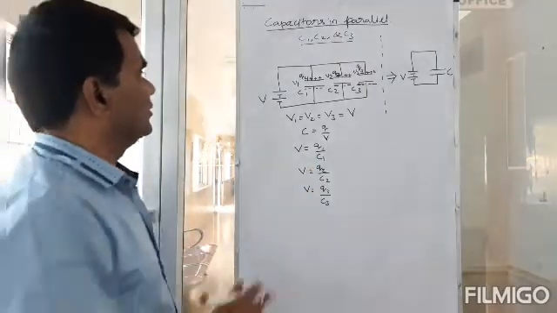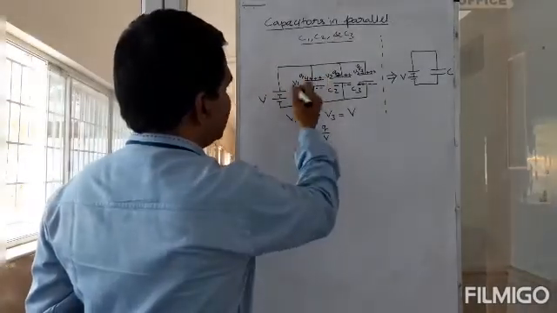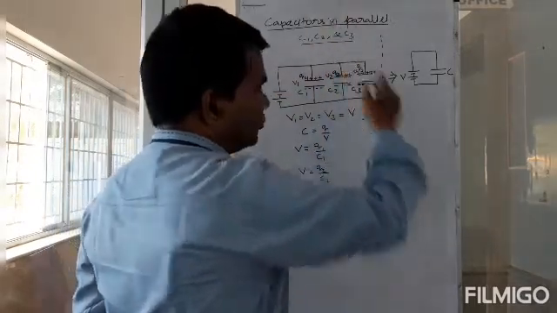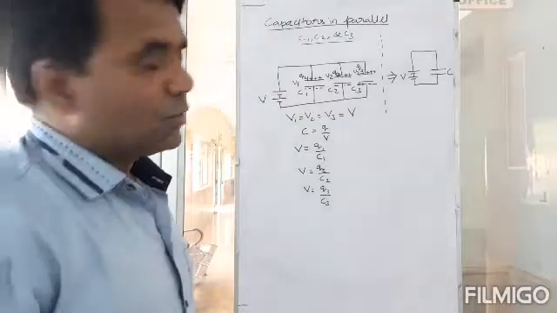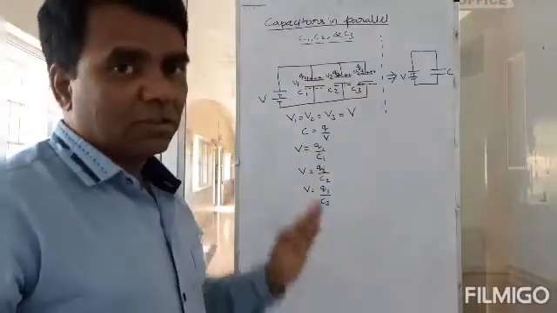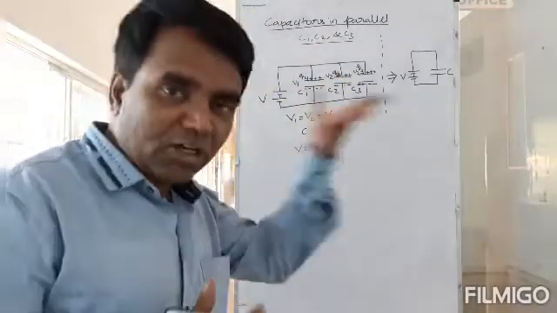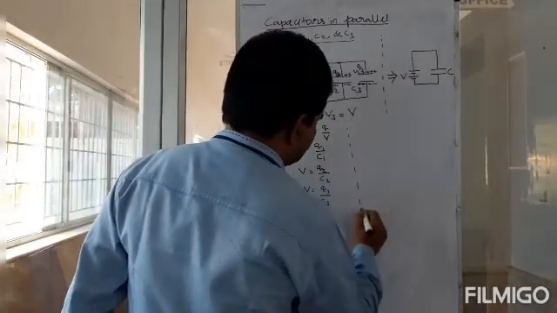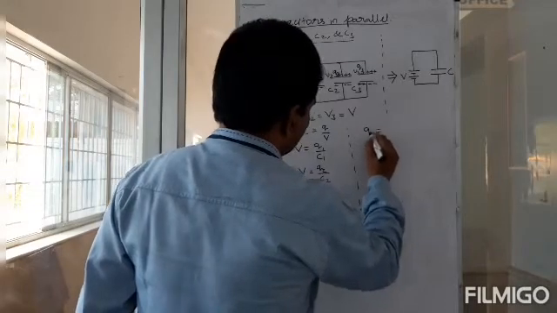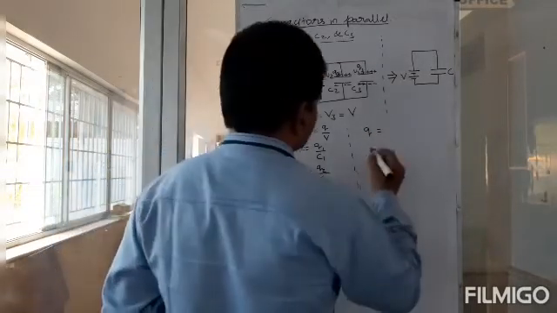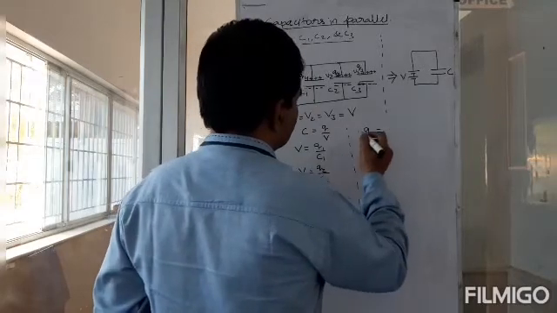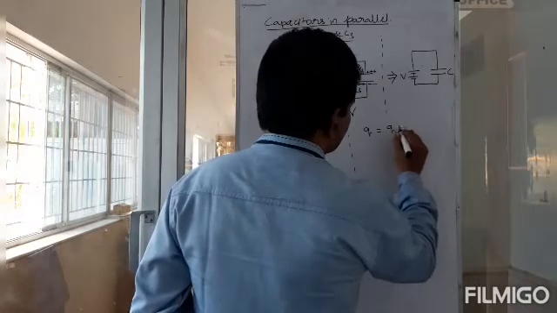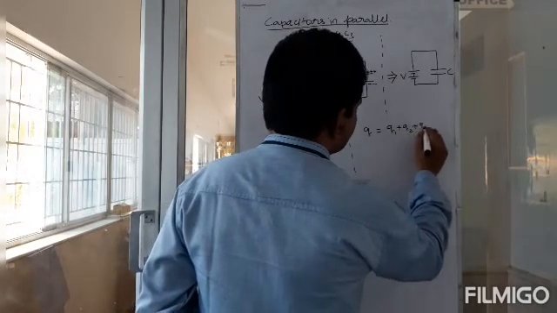So you will have different charges. We should be supplying Q1, we should also be supplying Q2, and Q3 also. So we have supplied Q1 and Q2 and Q3. So what's the total charge out of this battery? The total charge out of this battery is Q, which is equal to Q1 plus Q2 plus Q3.